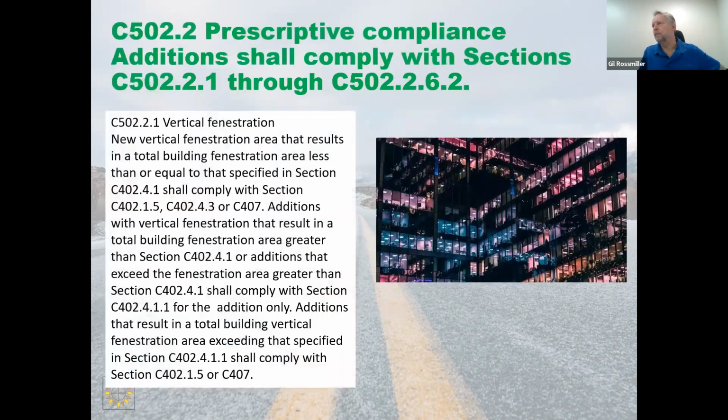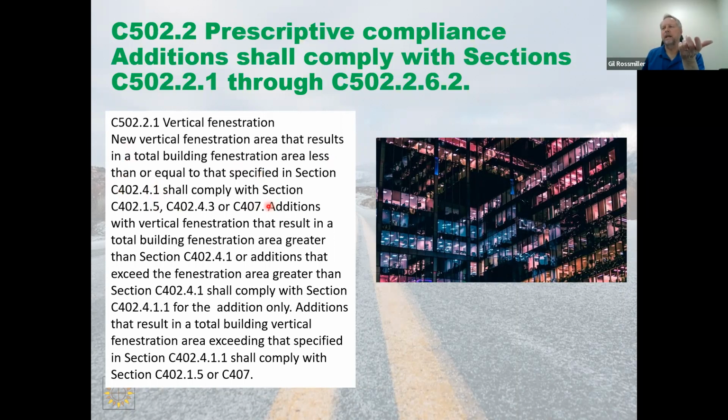So prescriptive. We're going to go through a few of these sections here so we kind of understand what this is all about. This first section talks about vertical fenestration. Okay, so that's in chapter 4. It says, hey, if the new fenestration area results in a total building fenestration area less than or equal to that specified in this section, we're good to go.